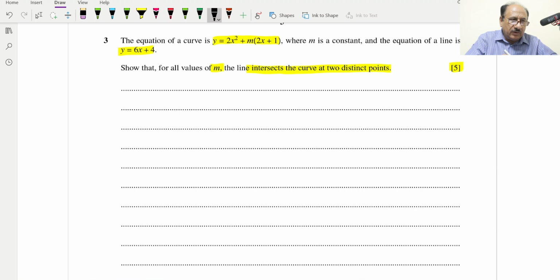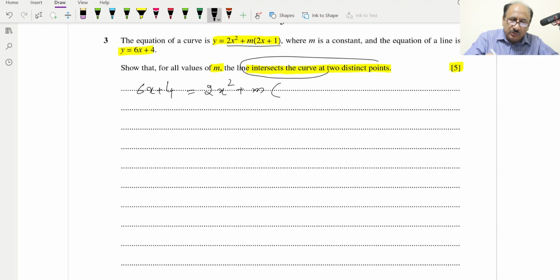So what we will do, we will equate the equations, as basically the curve and the line are intersecting. So we can equate the equation of the line, 6x plus 4, with this one, which is 2x squared plus m into 2x plus 1.